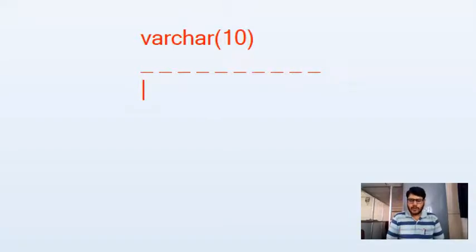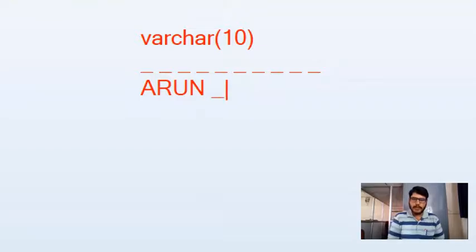Suppose I store only Arun, which consumes 4 characters. And how about the remaining 6 characters? Whatever memory is reserved for these, it will be utilized for the next record.